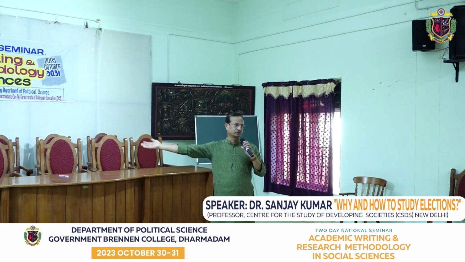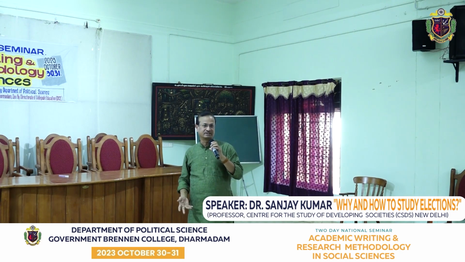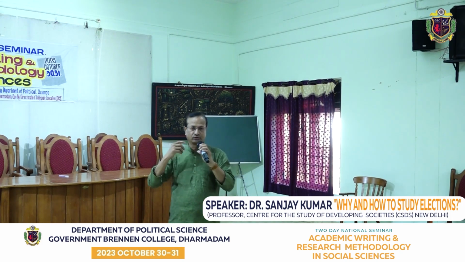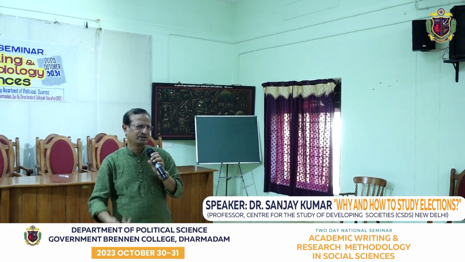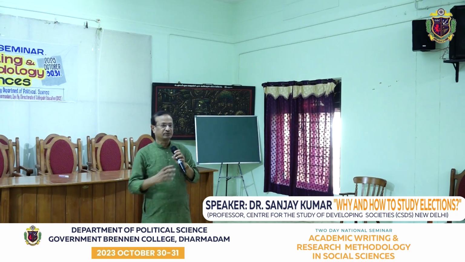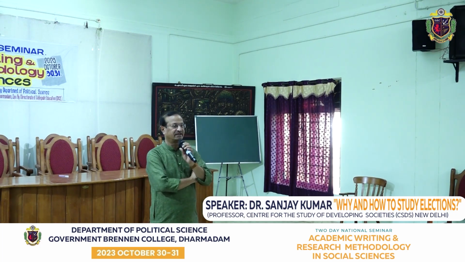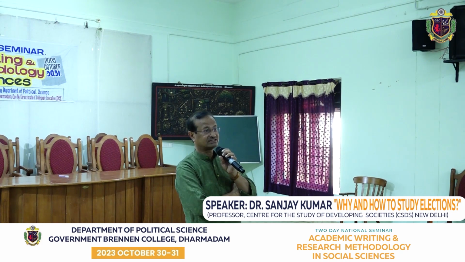I have raised some of those questions, and now I'm going to give you some examples. I'm going to show a lot of data and evidence to help you understand why we want to study elections. First, the big question about elections, which Professor Sastry did mention: do people vote their caste, or do people cast their vote?